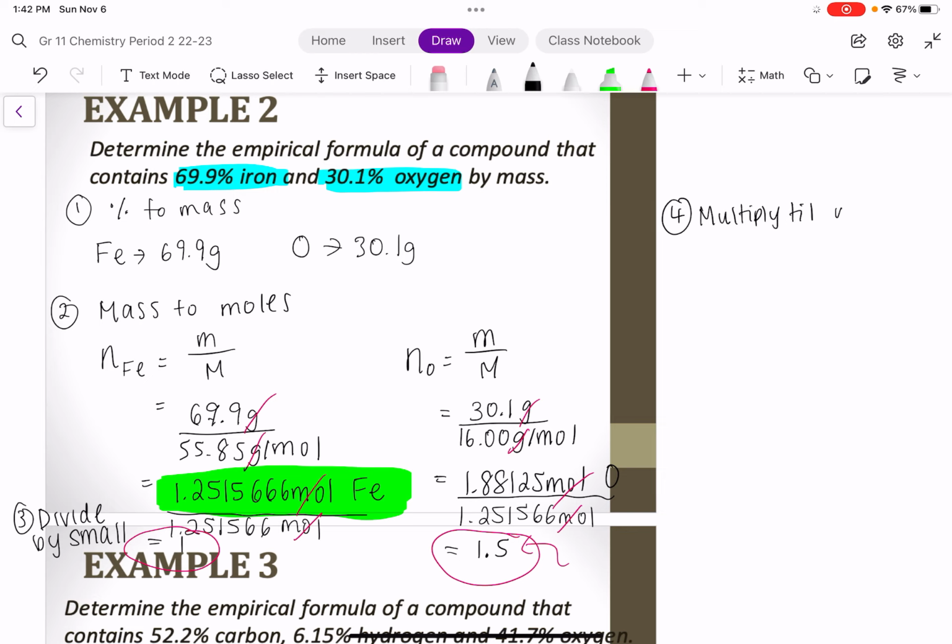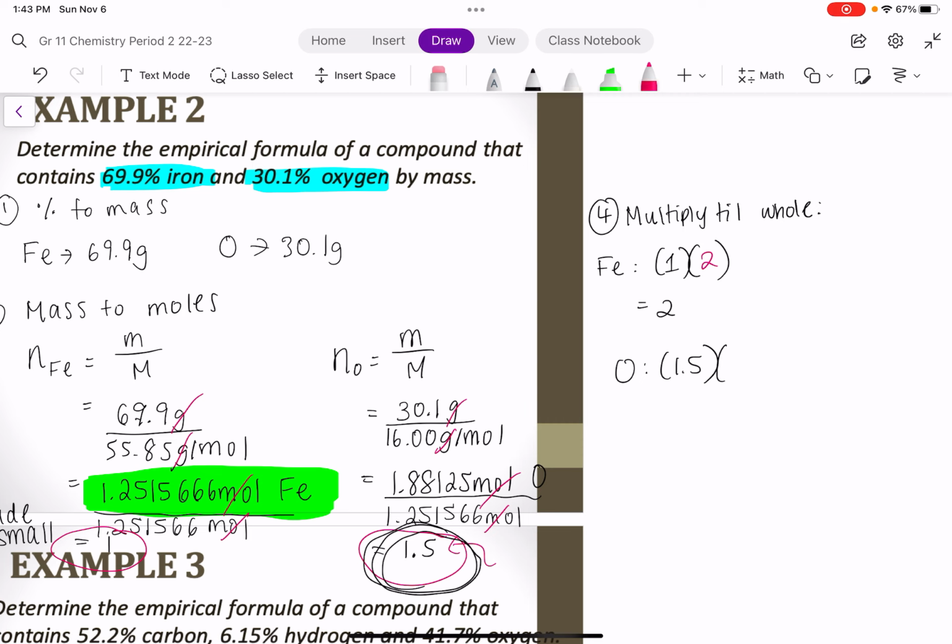So in this case, for iron, multiply till whole. For iron, it was 1. We multiplied by 2, and this gives me 2 irons. Same thing for oxygen. The 1.5 I got by dividing by small is not close to any whole number, so to get to the nearest whole number, I have to multiply by 2.